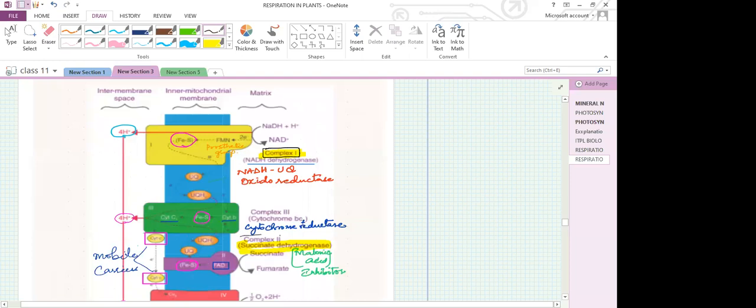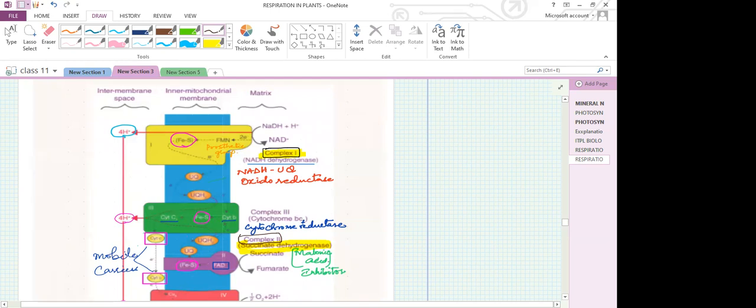Read the succinic acid. I told you to remember succinate dehydrogenase is towards the mitochondrial membrane, so it's present at the mitochondrial membrane. Though it is used in the Krebs cycle, it is one of the complexes for carrying electrons.